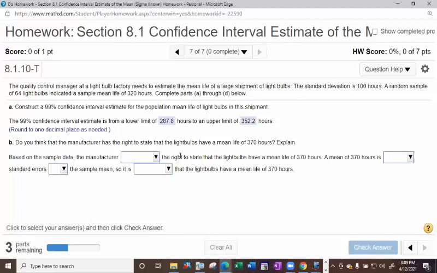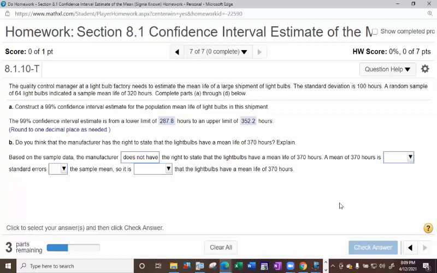That's the key. So anytime somebody says you have the right to claim this, if the number's not in the interval, you say no. If it is, you can say yes. Manufacturer does not have the right. A mean of 370 is, standard errors.